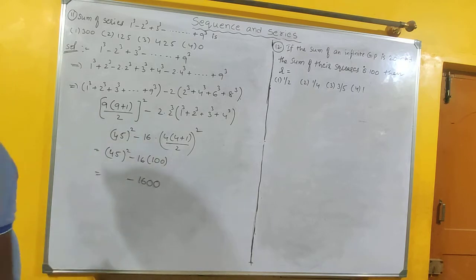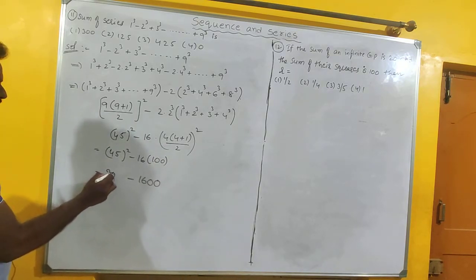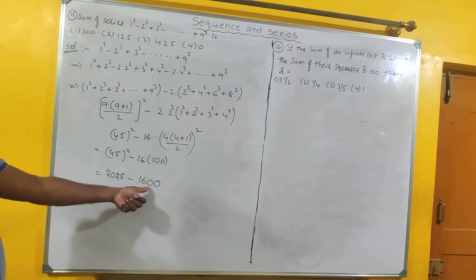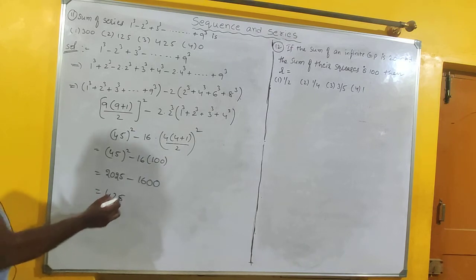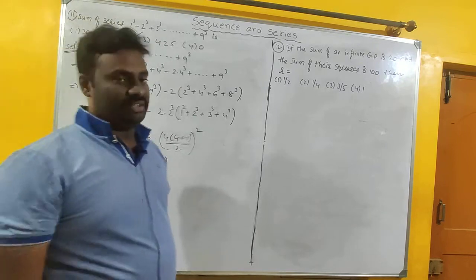Then 45 square, if you multiply, is 2025. If you subtract 1600 from 2025, we get 425. That is, option 3 is the correct answer for this question.